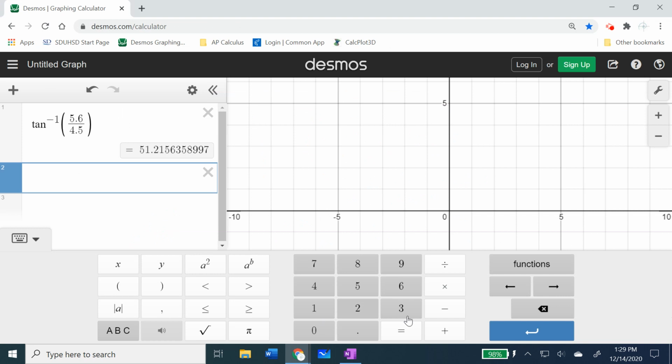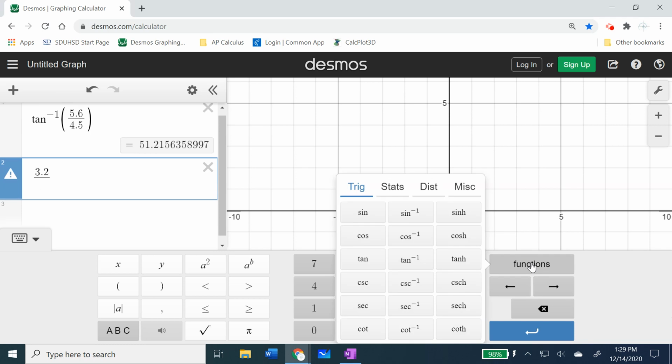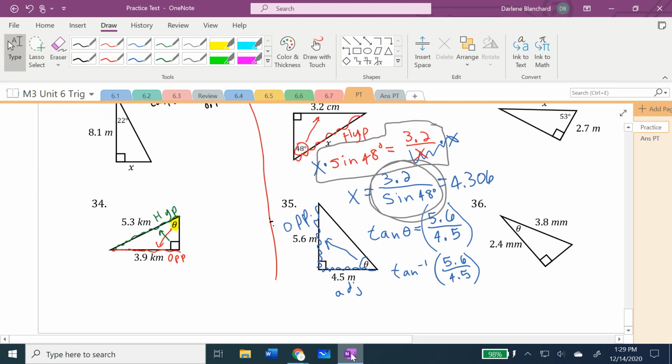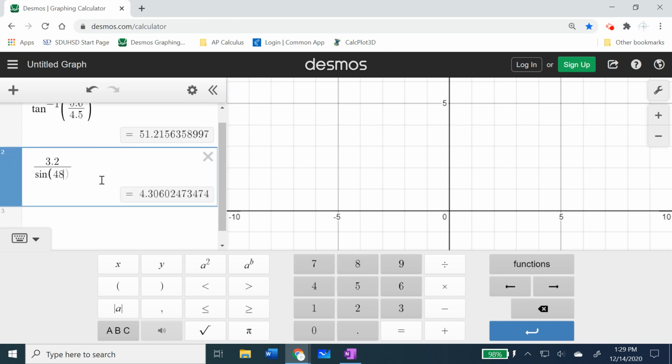So you can type in 3.2 divided by, and then you can go over to functions. And that was the sine of, I can't remember, 48 degrees. And there's your answer right there, 4.306. So this gives you a calculator option if you're having any difficulties with the calculator you're using.